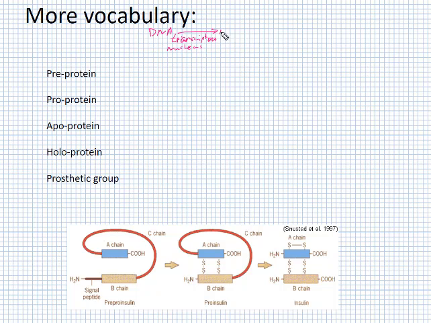So it's transcribed to messenger RNA. Messenger RNA then leaves the nucleus, goes to the rough endoplasmic reticulum. It's outside of the nucleus now. It binds to something called a ribosome. And then the ribosome translates that messenger RNA code to protein.